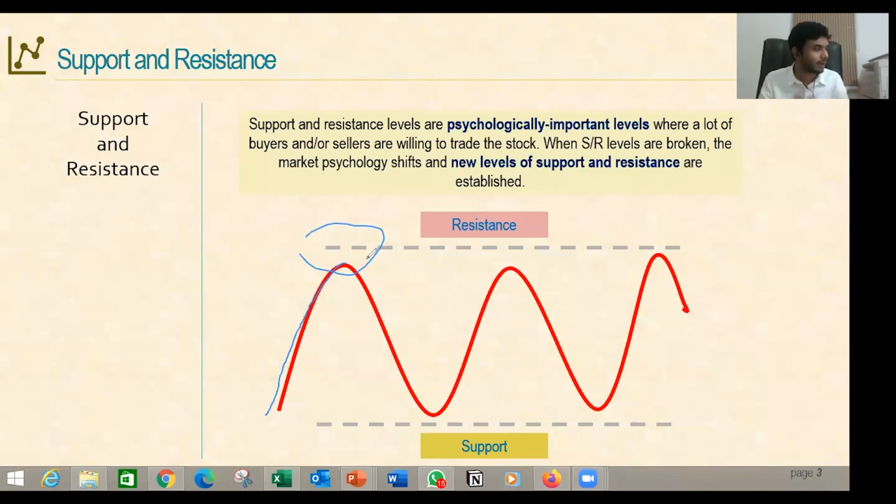In the market, all this analysis and all these factors end up in two major influences, which are demand and supply. This is a marketplace, so there is some demand for a particular stock and there is a supply.